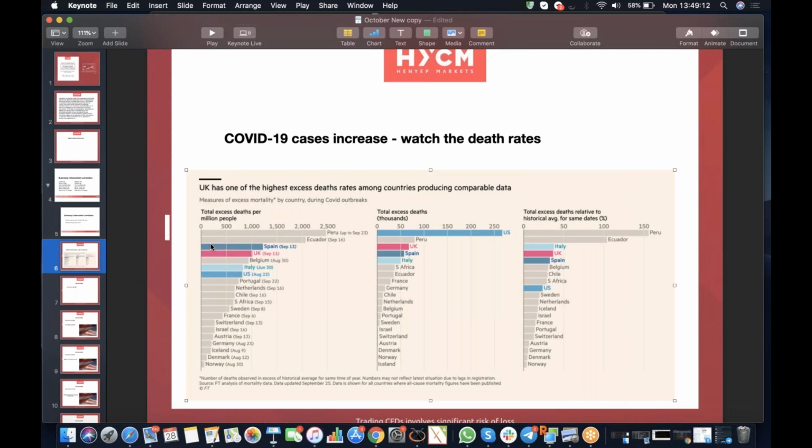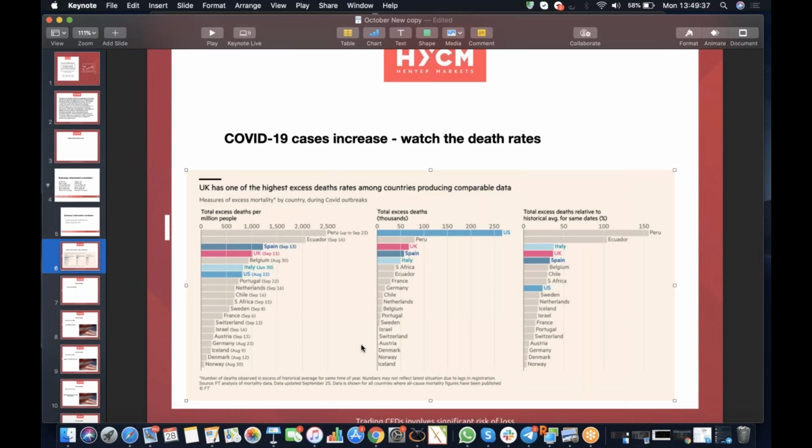And looking at the excess deaths, you can see that even though maybe not that many deaths are being reported through COVID-19, you can still see the impact that COVID-19 is having with the general excess deaths in countries. Look at Peru, Ecuador, Italy, UK, many of these countries having above 25% excess deaths at the moment.